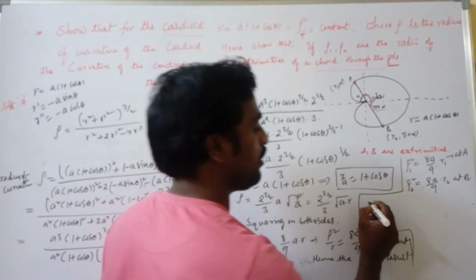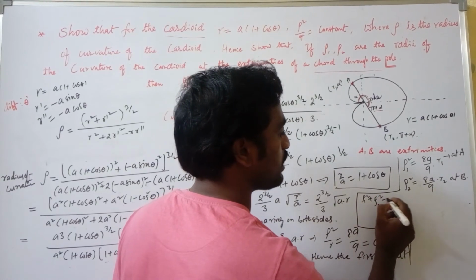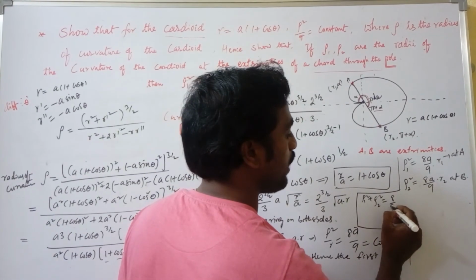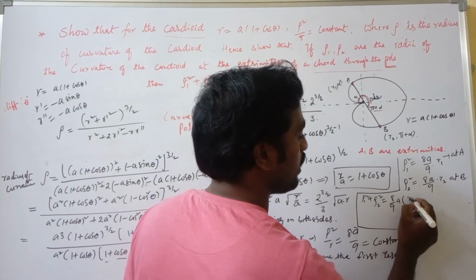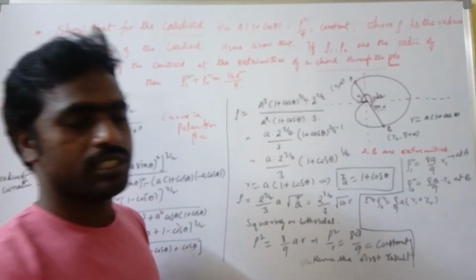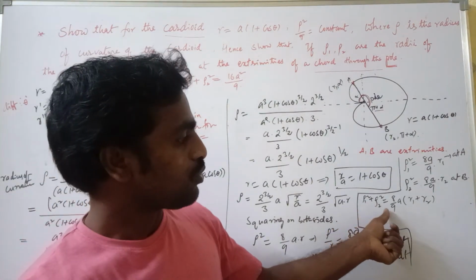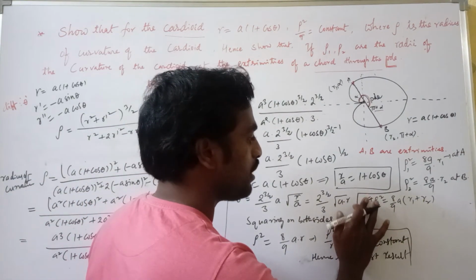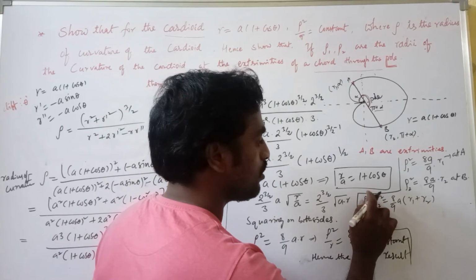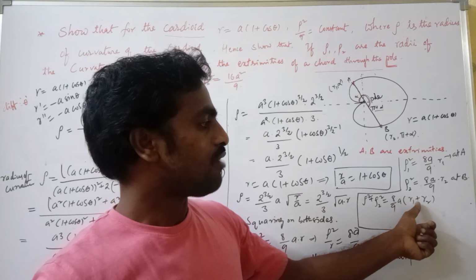So after simplification, observe clearly, rho 1 square plus rho 2 square is equal to 8 by 9, a is the common term, inside is r1 plus r2. Just combine the two values. So finally rho 1 square plus rho 2 square equal to 8a by 9 into r1 plus r2.